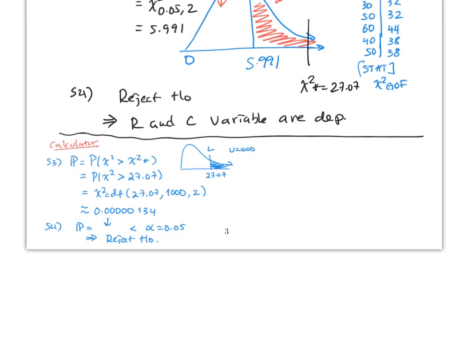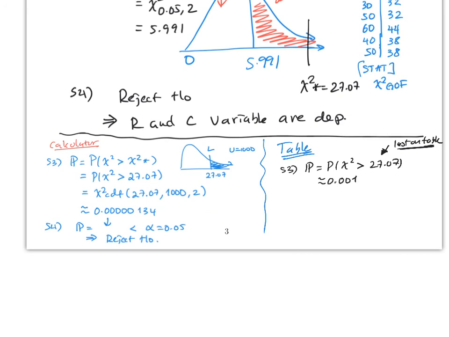Now, if you want to use the table, just like we did in the very last example, if you look to the table to approximate this probability, this number is bigger than the last one on the table, and if this is bigger than the last one on the table, remember you can just go with 0.001.